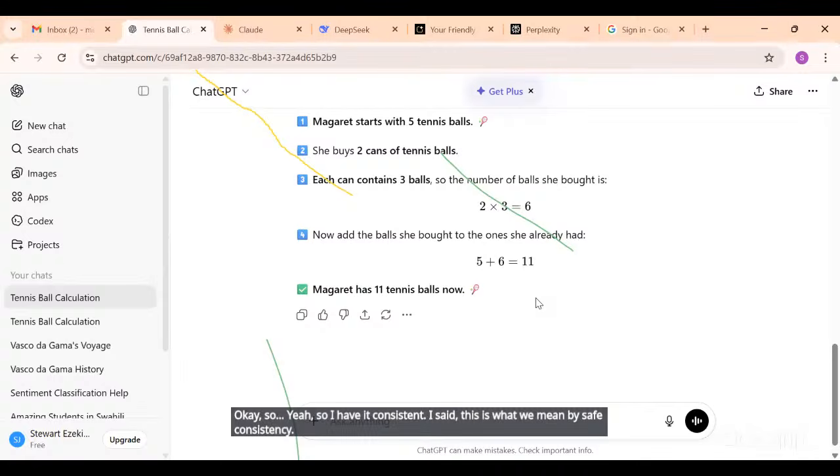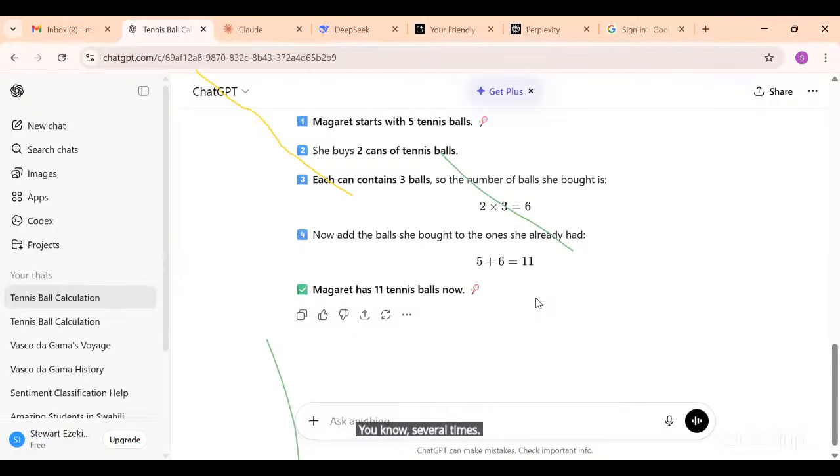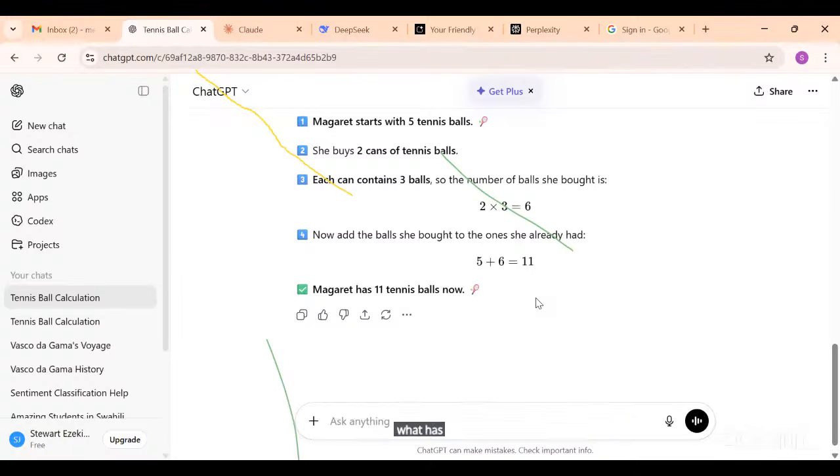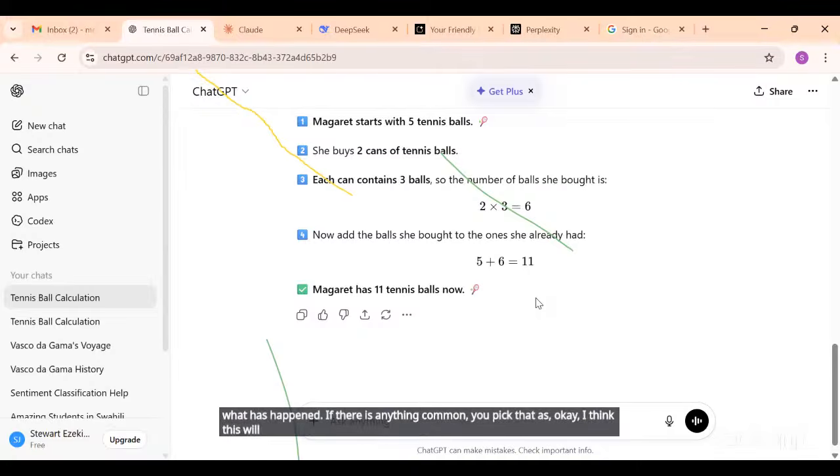So that is the situation where you can run a prompt several times, and then you check out really what has happened. If there is anything common, you pick that as the most likely answer.